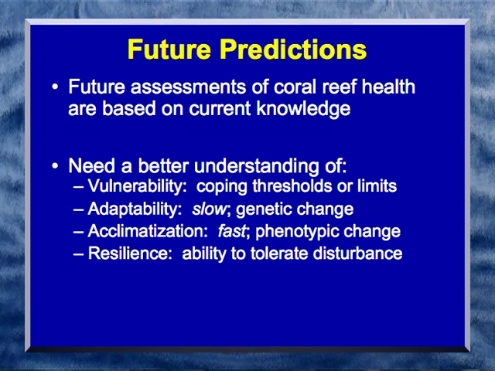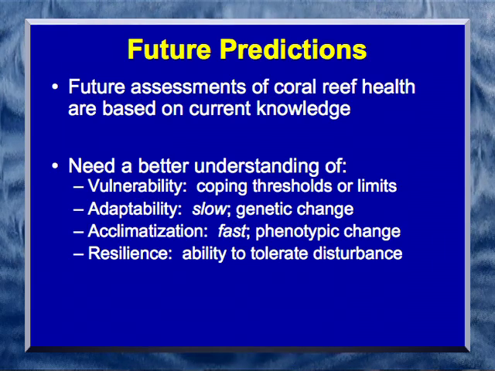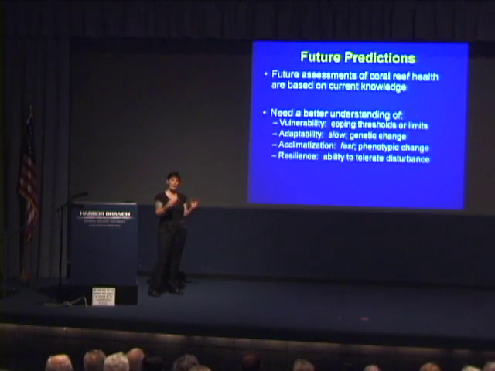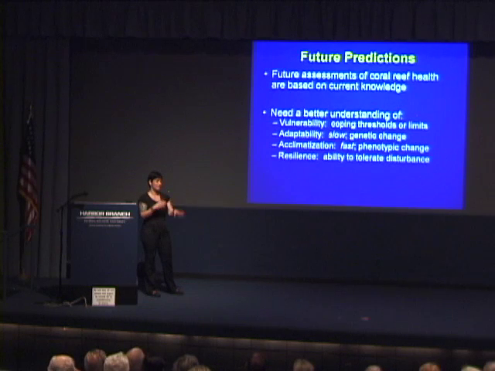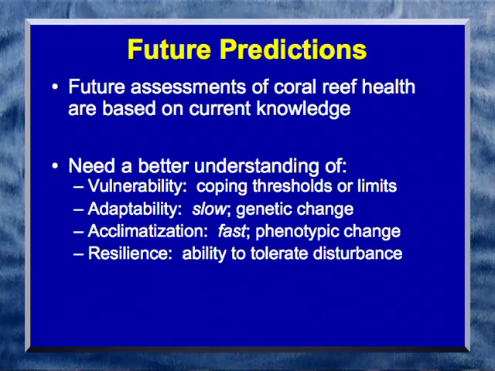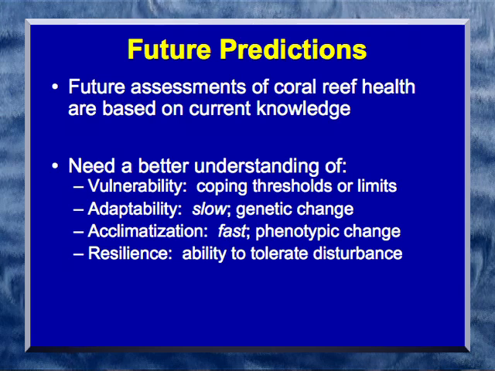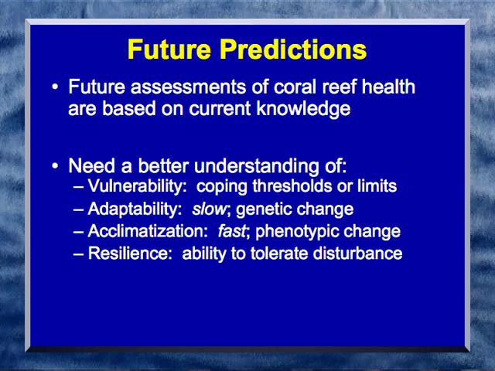And what we need to have a better understanding of is coral vulnerability. How well do they cope with the thresholds or limits of stress? What are their limits? How many stressors can they deal with at one time? Are there certain lethal combinations of stressors? What's their adaptability? So adaptability is slow change, and it's at the genetic level, so it occurs over a long period of time.